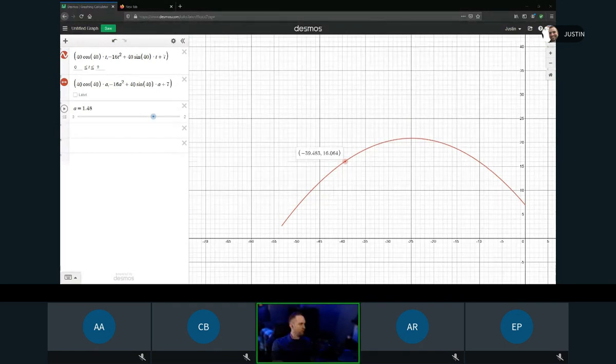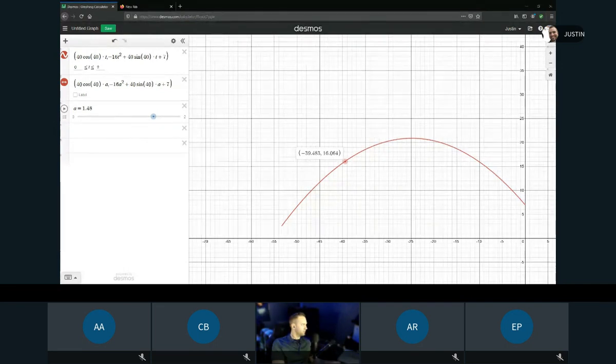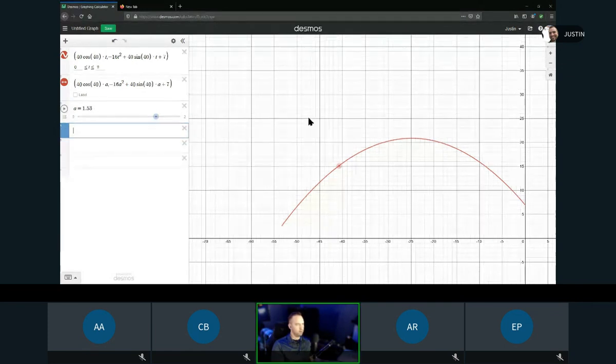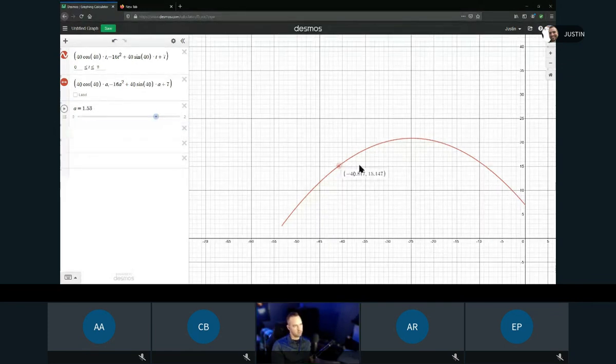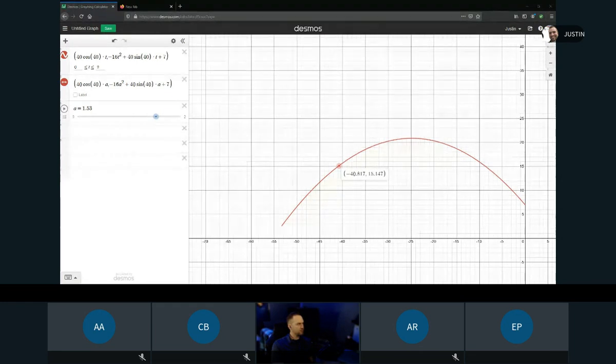Okay, let me use 1.53. All right, 1.53. It's 15 feet above the ground. Doesn't make sense.